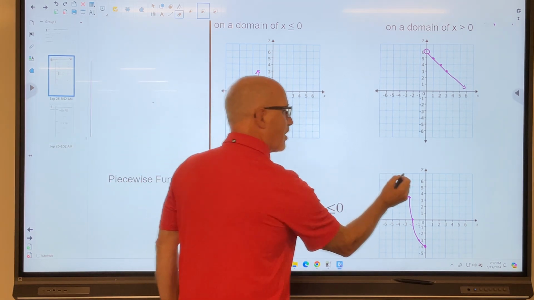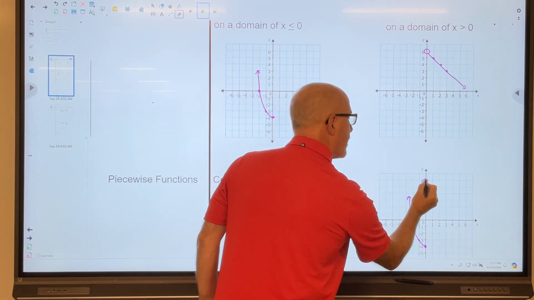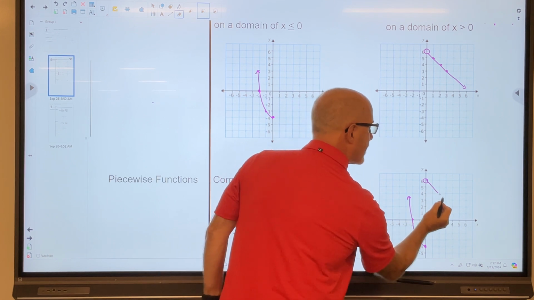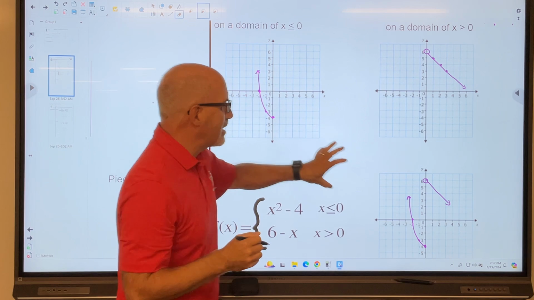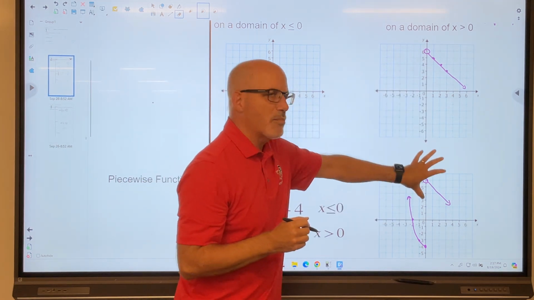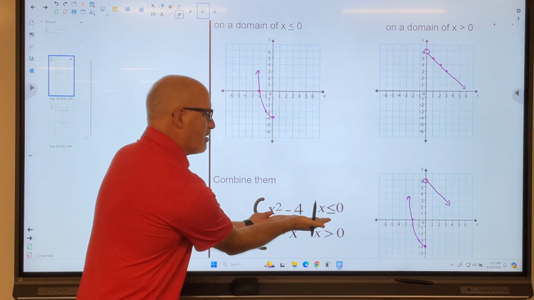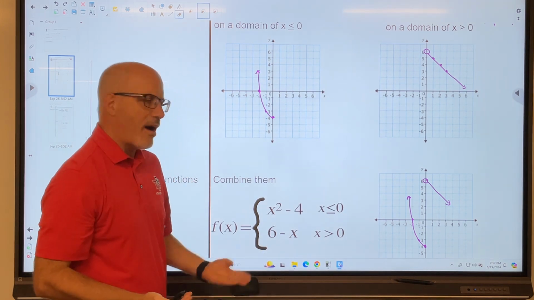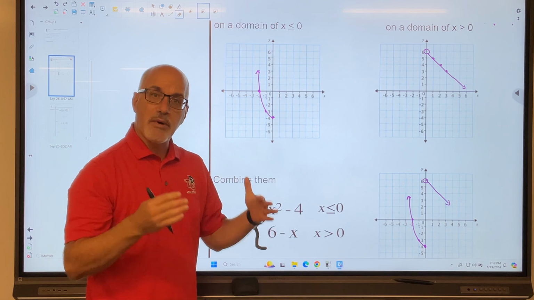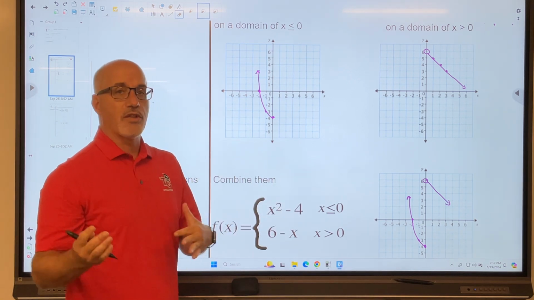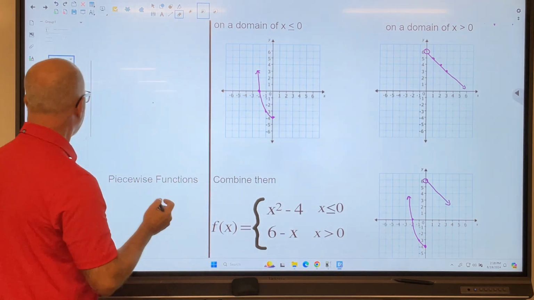So you'll see it start at 6 here, and I'll go down like that. So notice this piece gets put on it, this piece gets put on it. It's like I treat each of these two as separate problems. I do this problem, I do this problem, and then have them on the same graph. That's why it's called a piecewise graph.